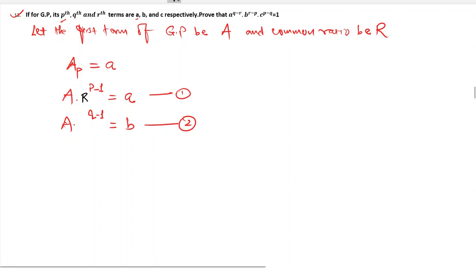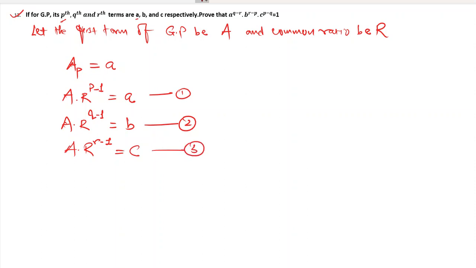So the pth term is a, the qth term is b, and the rth term A into R raised to small r minus 1 is c.